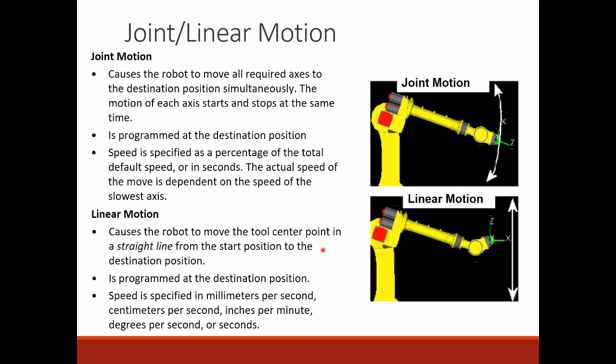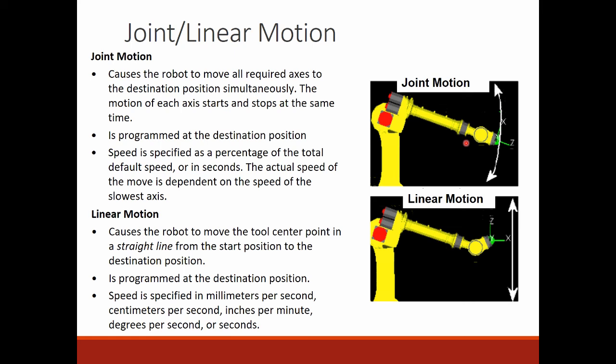So let's look at the different motion types that are available. Two that are often used are a joint motion and a linear motion. As shown here, the joint motion takes the point at which the robot is at and looks at the target position, and it turns on all the motors simultaneously to start and stop both at the beginning point and at the target position.